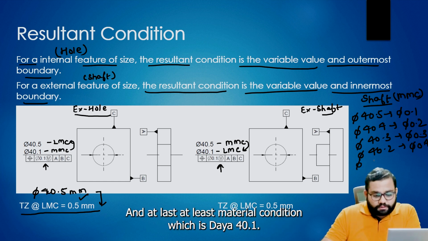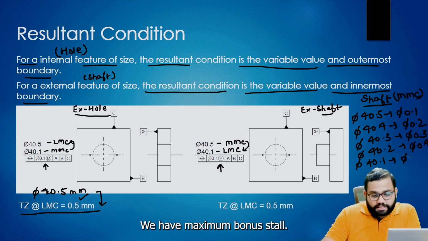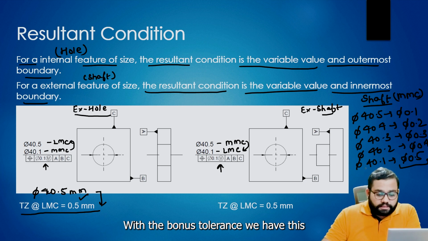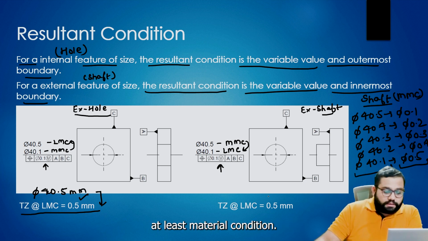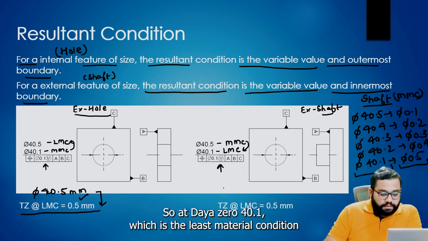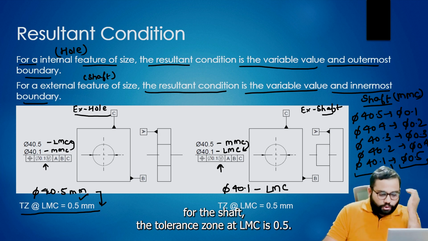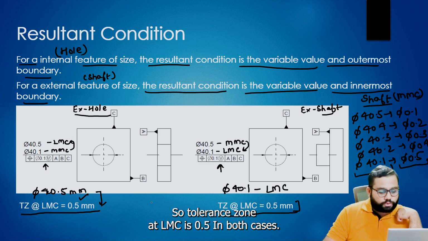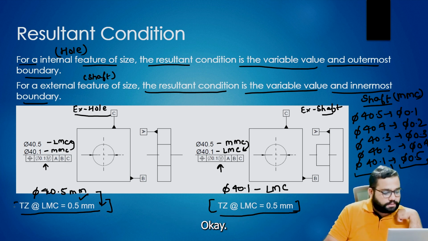At last, at least material condition, which is dia 40.1, we have the maximum bonus tolerance, so the tolerance zone at LMC is 0.5 mm in both cases.